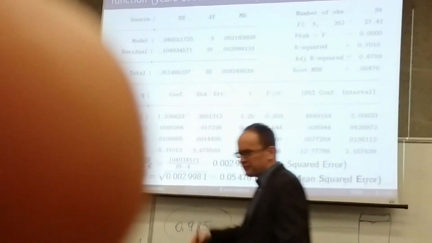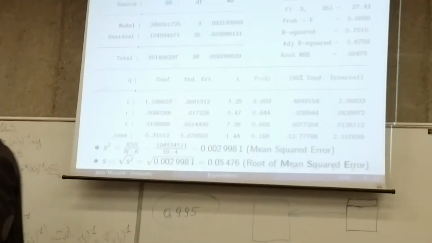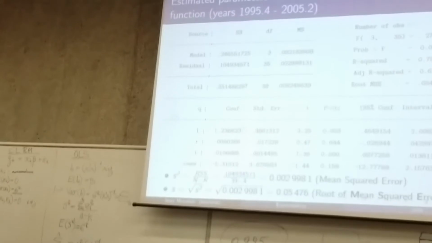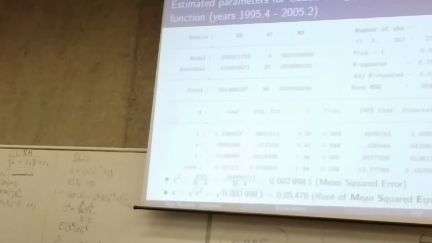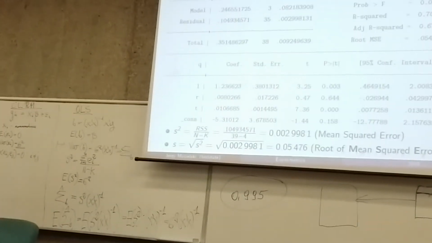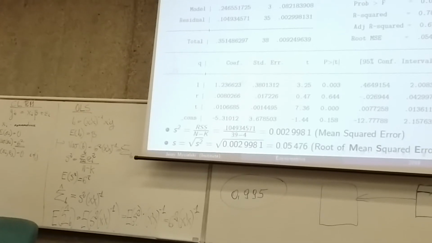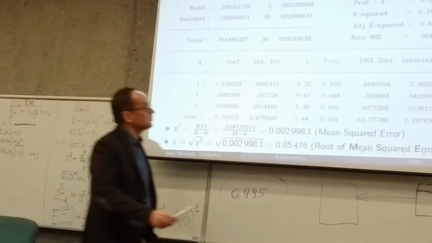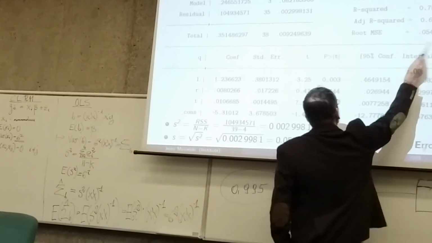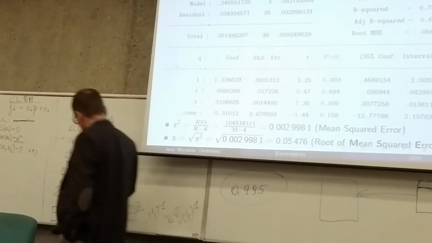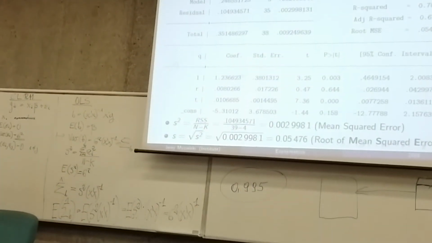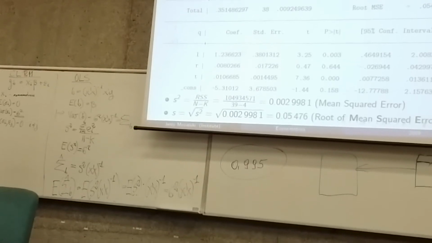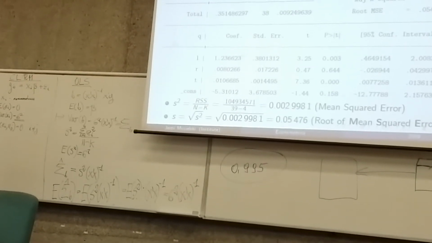Well, not the variance, but the square root of the variance, which is the number we have here. So this is basically the square root of s squared.